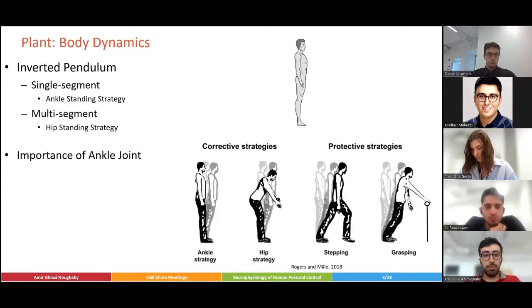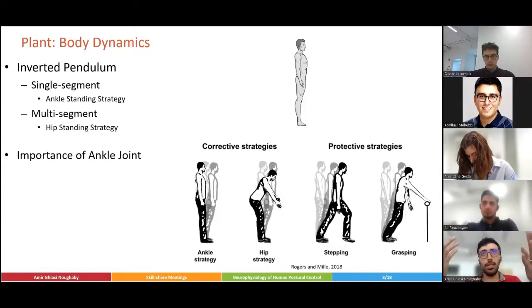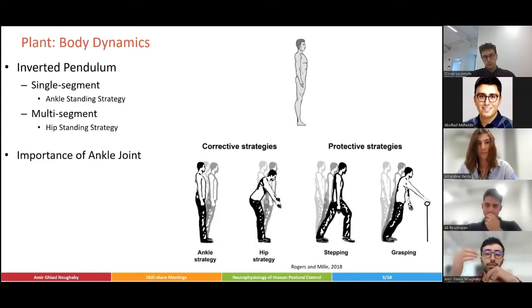We know that the ankle joint, among all of the joints of the body, is the most important joint because it transmits the ground reaction forces from the surface to the lower limbs of the body, and also the body deviates about the ankle joint.